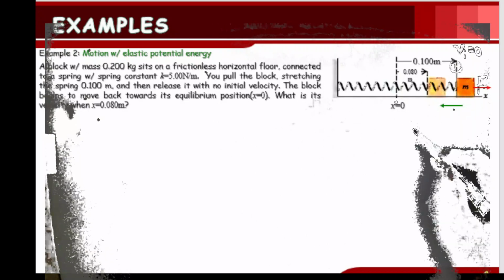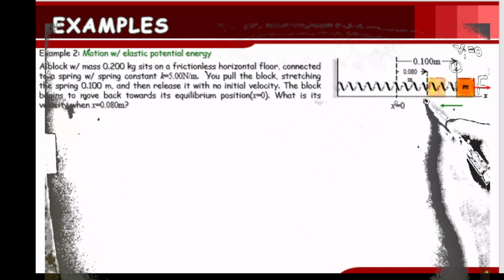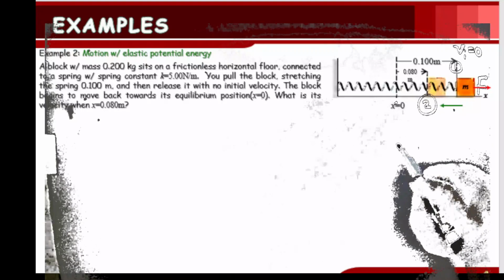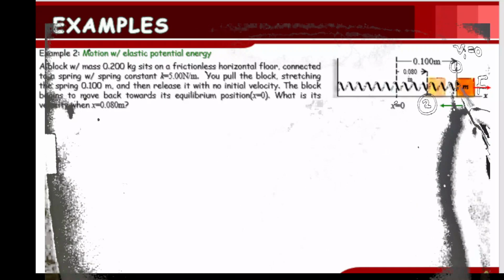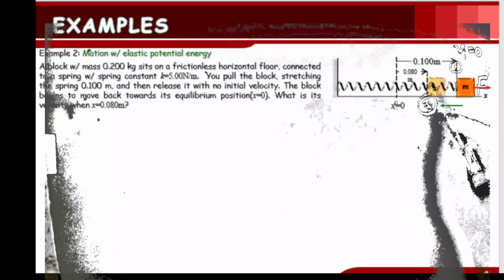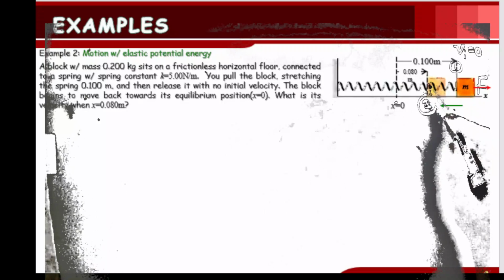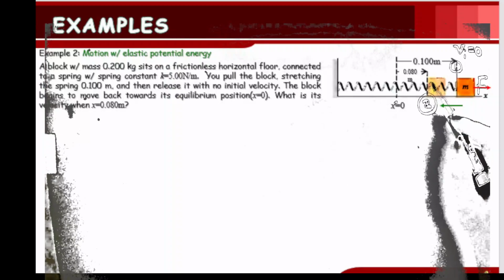So this is your initial position, position 1, and this will be your final position, position 2. So your initial position at x equivalent to 0.1 meter, your final position at x equivalent to 0.08. Again, 0.08. Pag abot niya dinhi, unsa naman ang iyahang velocity?